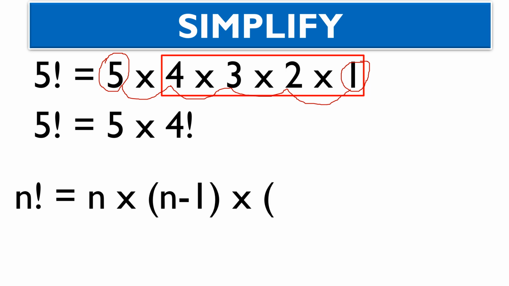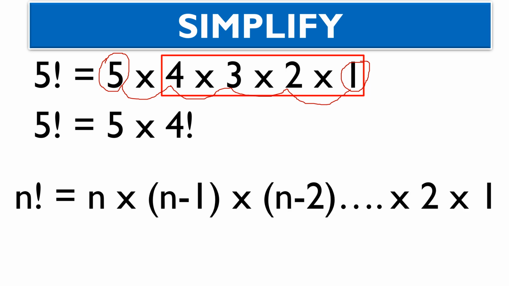Now, n factorial is the same as n, and then we go one number less, which is n minus 1, and then one number less, n minus 2, all the way until we get to 1. Remember, we started with n, and then ended with 1, and in between, we go one number less than the previous.